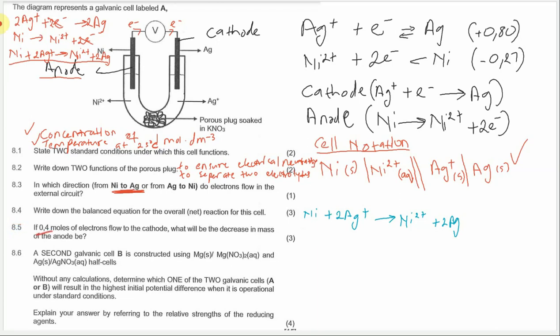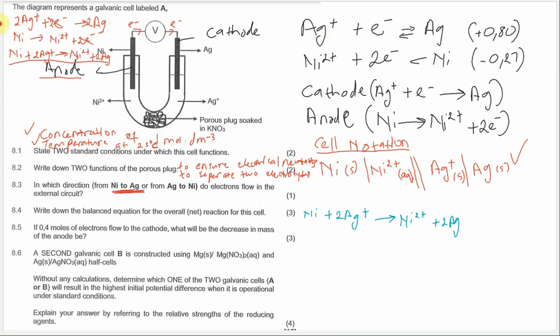They say if 4 moles of electrons flow to a cathode, what will be the decrease in mass of the anode? So remember that when you have a reaction going on here, this one, since it's losing electrons, is going to decrease in mass, and this one here, since it's gaining electrons, is going to increase in mass. Looking at this reaction, when this ion accepts electrons, it becomes a silver metal.